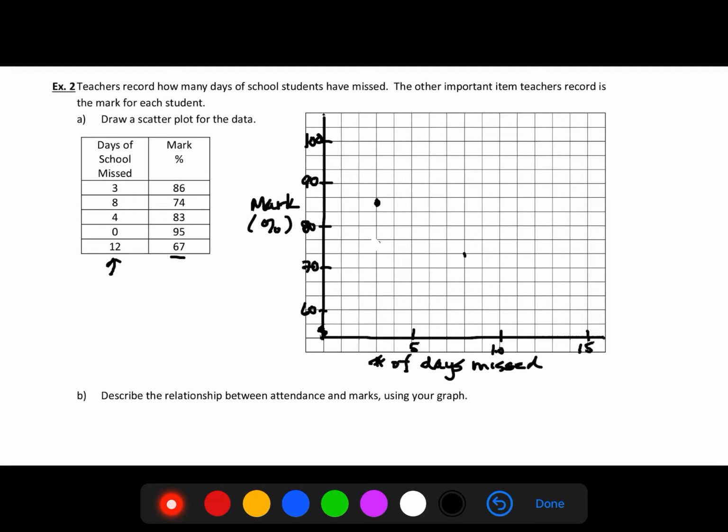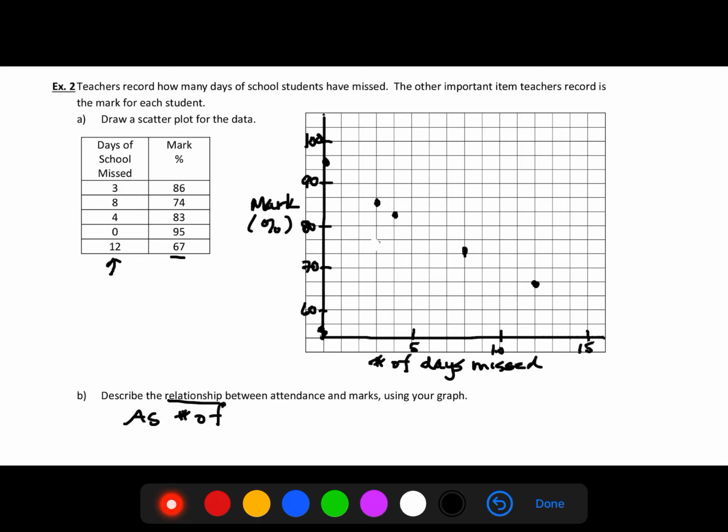Now we're going to plot our points. 3 and 86, and sorry, 86 is up here, 8 and 74, 4 and 83, 0 and 95, and 12 and 67.